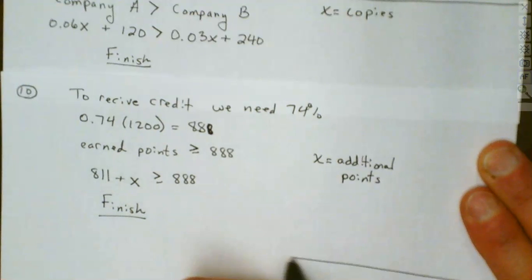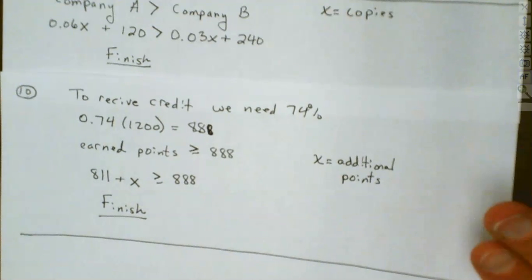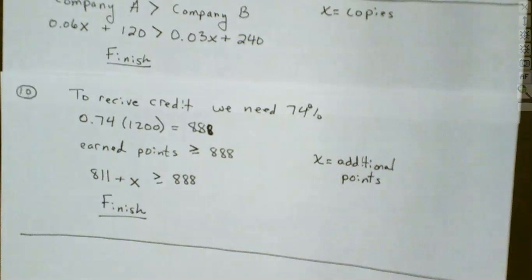And you should be able to finish it from there. Does everyone see what I did? I took how many points I needed to get credit for the class, and that was 74% of that 1,200, which comes out to be 888 points. Now, we already have 811. So we're going to add on some extra points, earned through quizzes, exams, attendance, whatever.